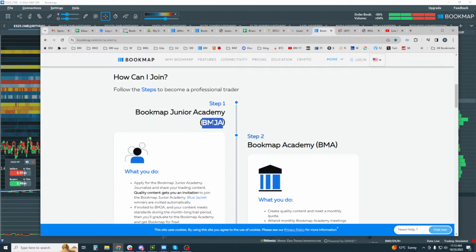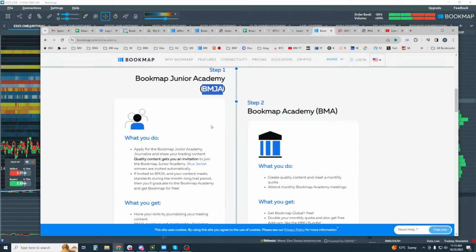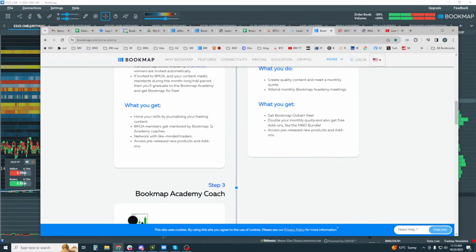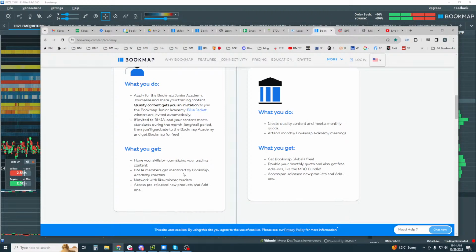If you can, you'll be invited to the Bookmap Junior Academy, and then that's the proving ground, basically. You need to make a quota. It's very, very simple. It's just one piece of content per day, and you have to be very consistent, and it has to be quality. So there's a quantitative and a qualitative: the quantitative is one a day, and the qualitative is it has to be of quality.